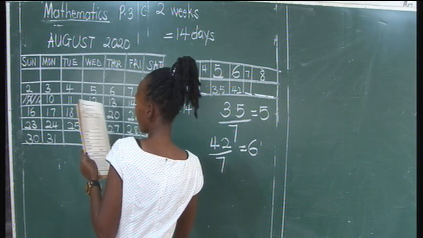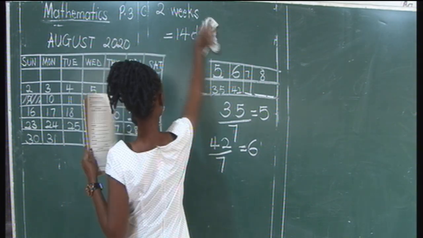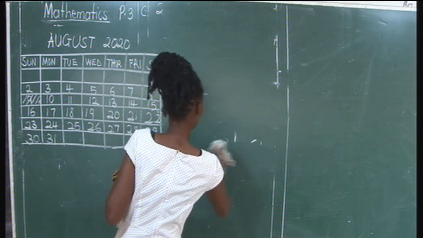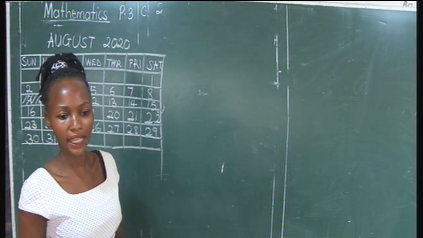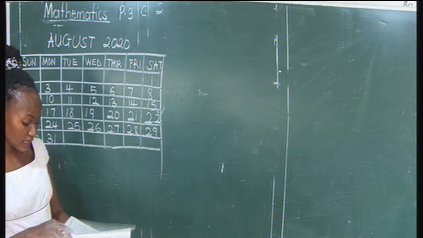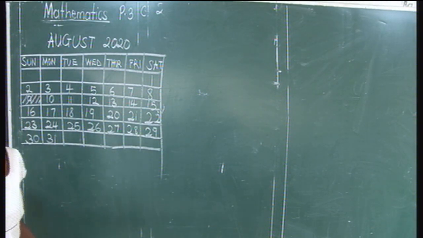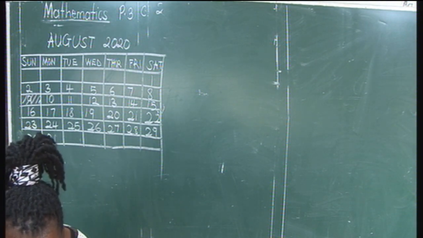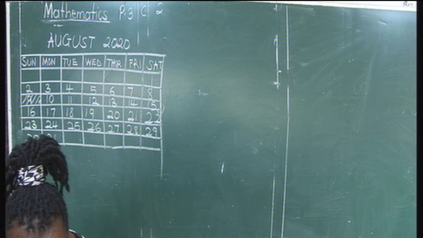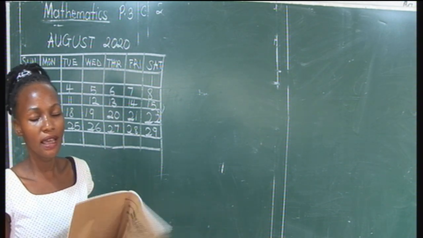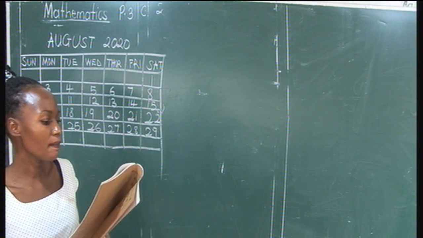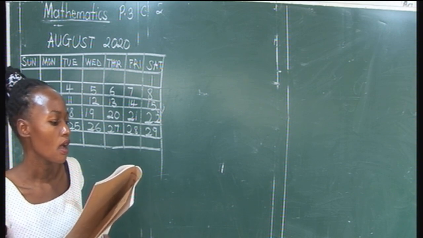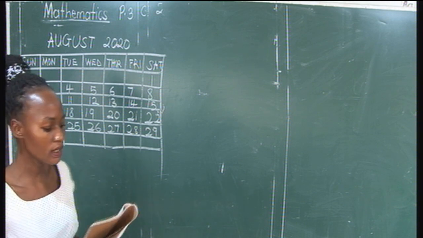Okay, we have our calendar there, and they've told you to study the calendar and answer the questions that follow. You also have it there. Just look at yours in your books. Then we have questions about the calendar. Now, which month of the year is shown above?